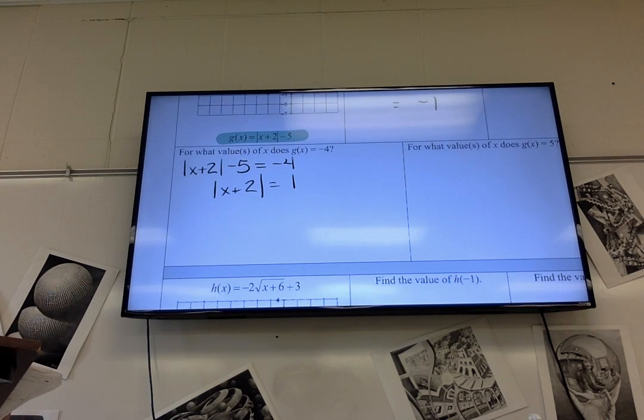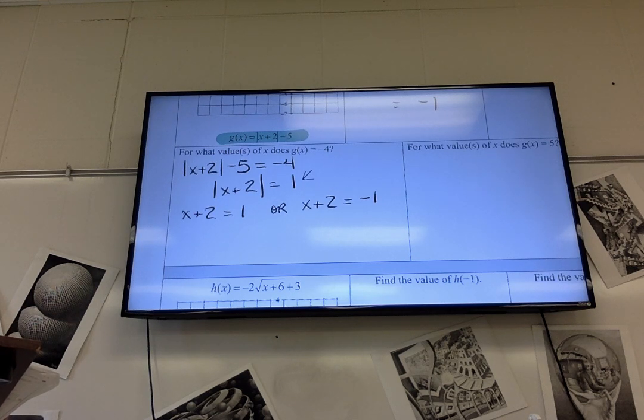You can either get what was inside the absolute value to actually be that positive 1, or what was inside that absolute value could equal negative 1. Because when you take the absolute value of it, it would have changed it to this positive 1 right here.